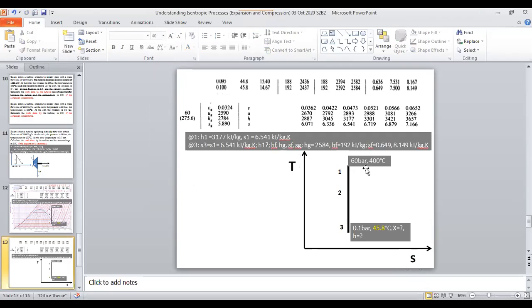Then let's say you can see your S1 is 6.541.